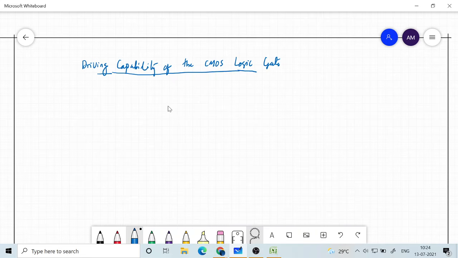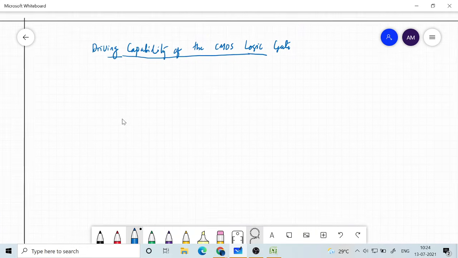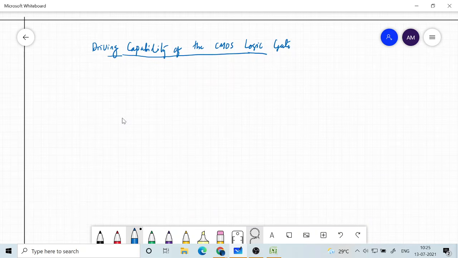Now depending upon that load capacitance, sometimes the load may be very large compared to the parasitic capacitance. In such cases, for example, you have a NAND gate like this, say a 2 input NAND gate, and suppose it is driving another gate, say an inverter, which is a huge inverter.